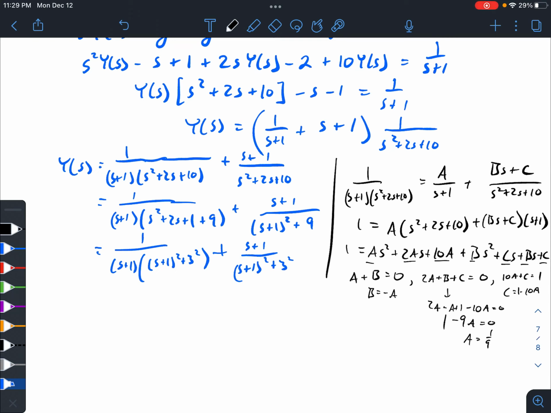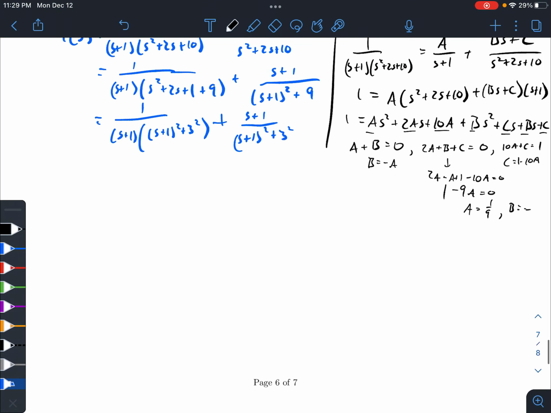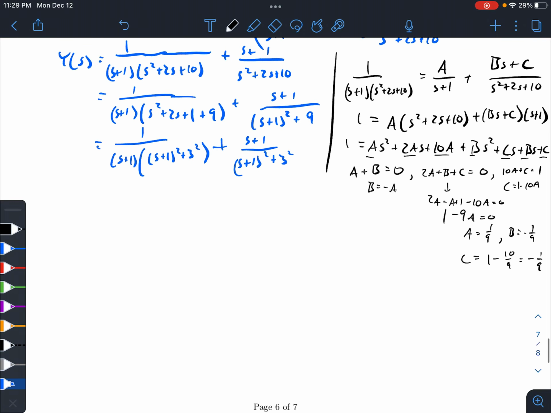So a is 1 over 9. b is negative 1 over 9. And c is 1 minus 10a. So 1 minus 10 over 9, which is just negative 1 over 9. So that's our a, b, and c.